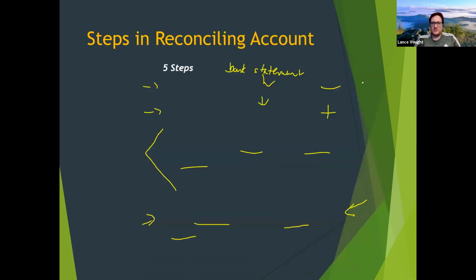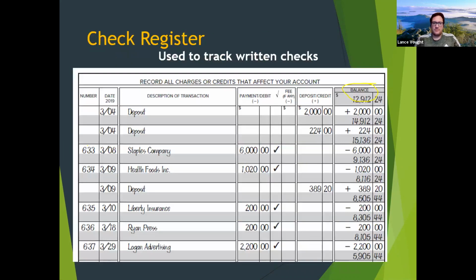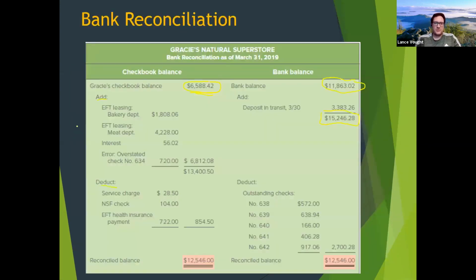And then what it wants you to do, instead of going line by line, adding, subtracting, adding, subtracting, is organize them by addition and subtraction. So these are your credits, these are your debits. You add in all your credits here. You get 1,800, 42, 28, 56 and 720. Add that together, you have 6,812 to add.